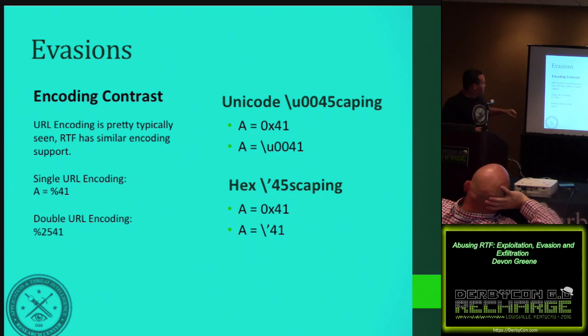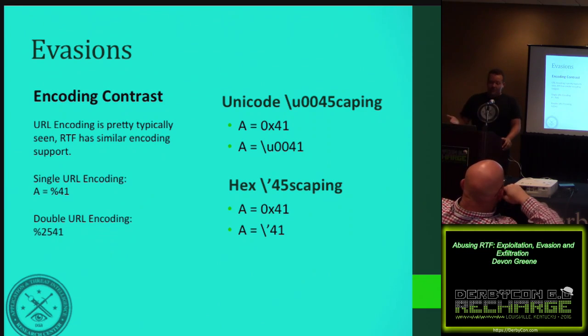For those of you familiar with URL encodings, you're used to using %41 to represent an A, or with double URL encoding, %2541. Well, the RTF spec also supports Unicode and hex encoding, and you can spot it: when it's Unicode, it's \u followed by 4 digits, and if it's hex, it's a backslash, a single apostrophe, and 2 digits.